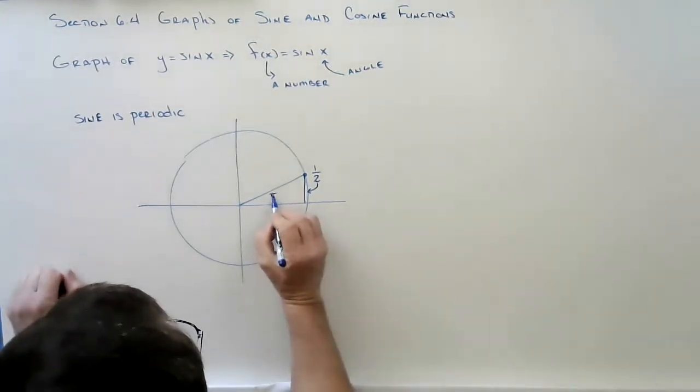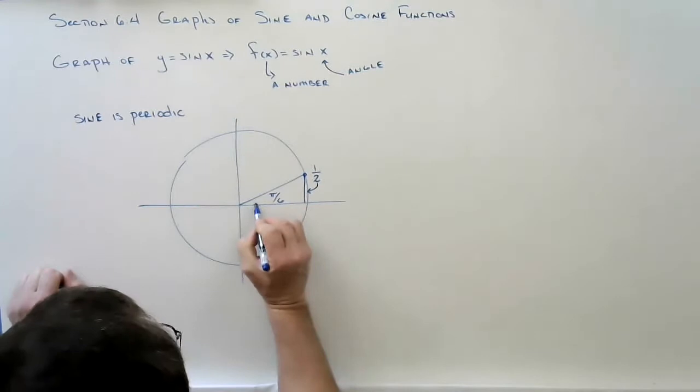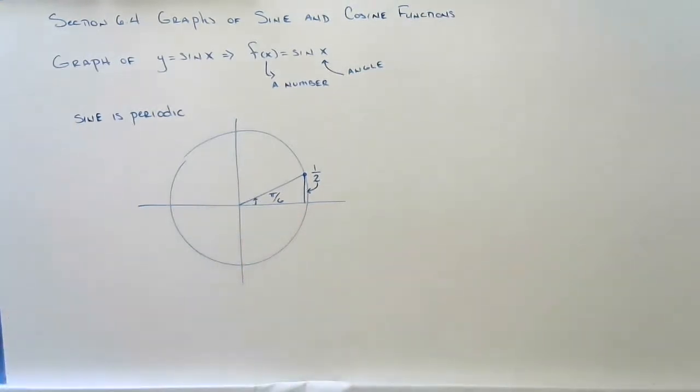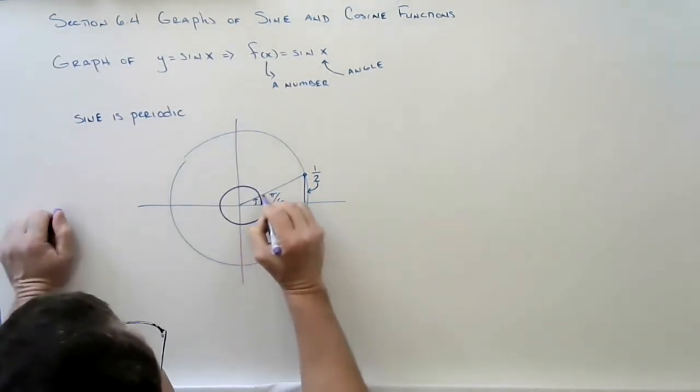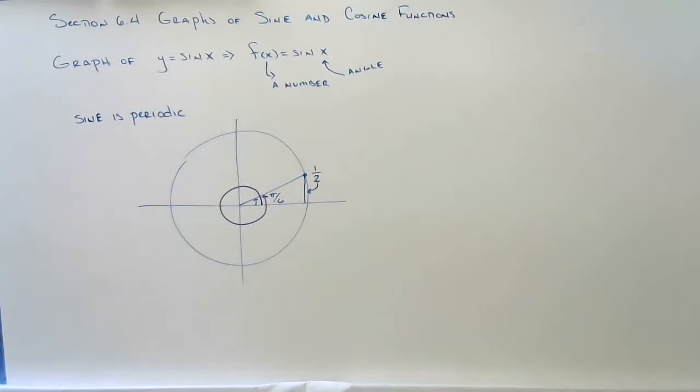But that's repeated when I go around again, right? When I circle around pi over 2 plus pi over 6, I get right back to the same point. This is what we mean when we say sine is periodic.